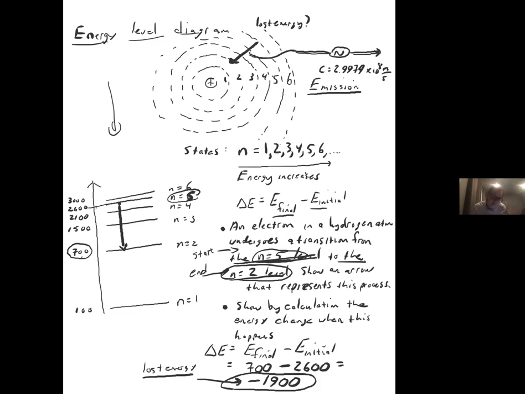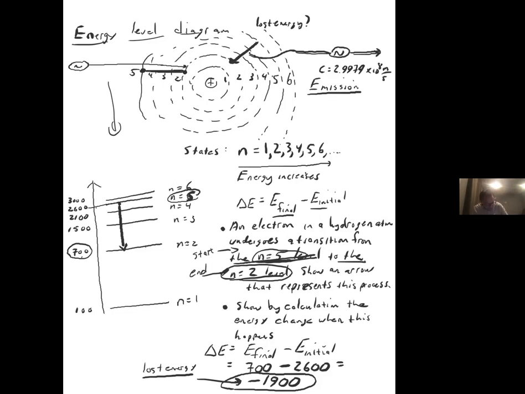But we can have the opposite as well. We can take a photon, and if the photon has exactly the right amount of energy, meaning let's say it has the same amount of energy as the difference between n equals 2 and n equals 5. So this is 5, 4, 3, 2, 1. If that energy of that photon matches the difference between those two levels, then the opposite process will occur.